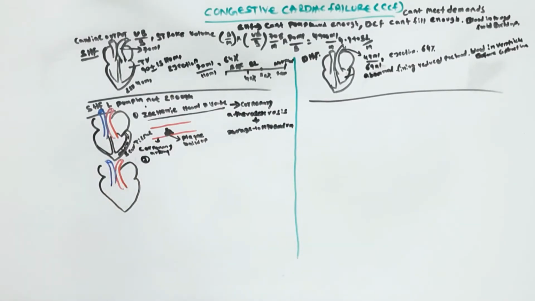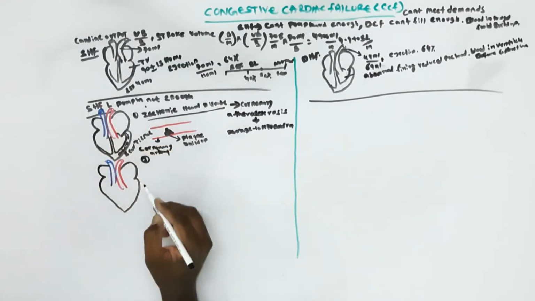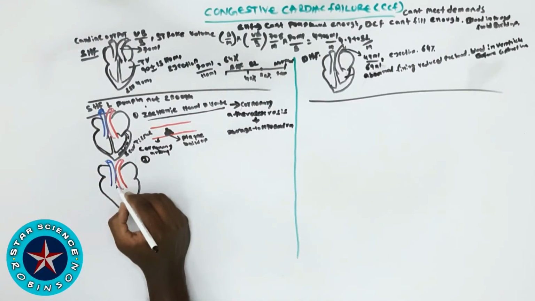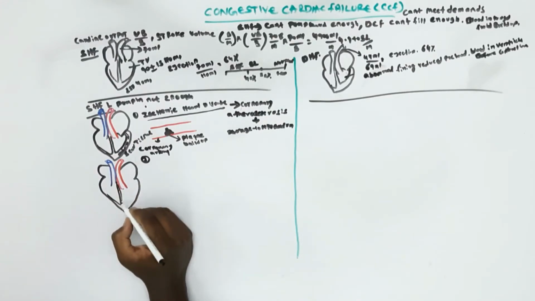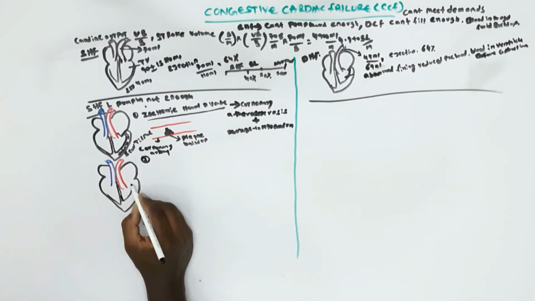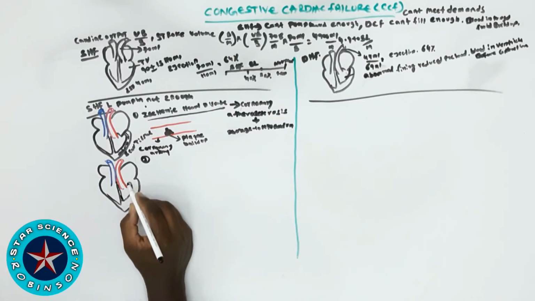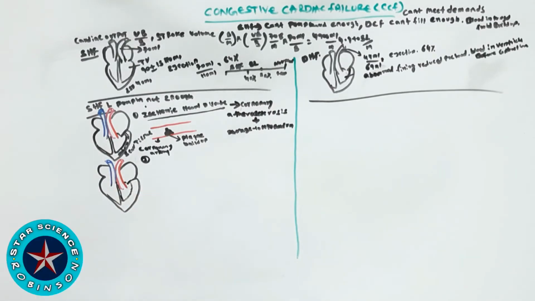So here the second phase is called hypertension. Because of hypertension, arterial pressure will increase. So when arterial pressure increases, it will be harder to pump the blood from the left ventricle, because there will be a hypertrophy of the left ventricle.